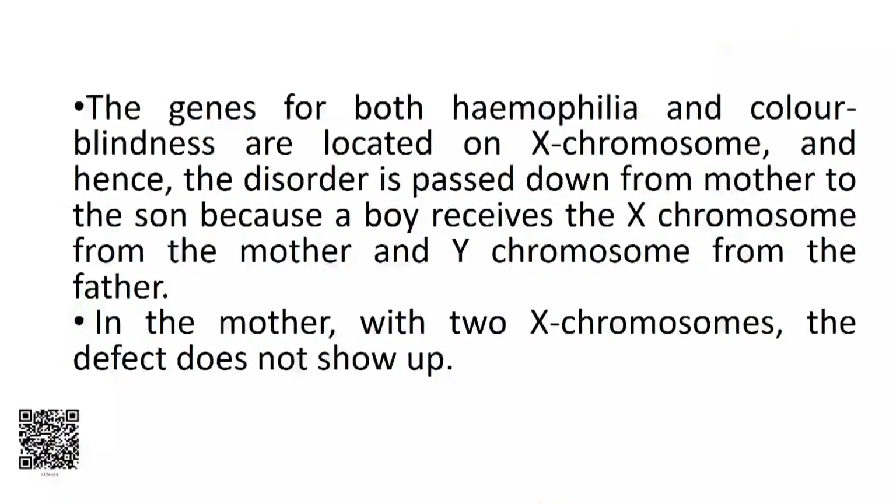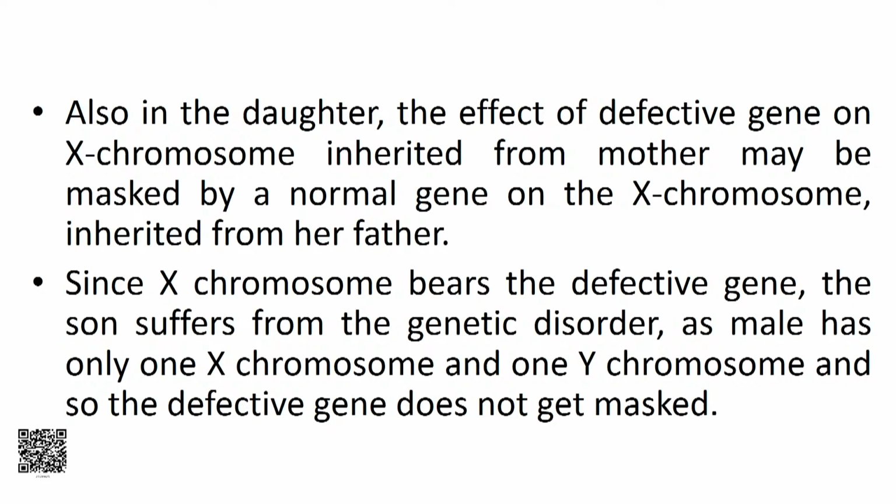The genes for both hemophilia and color blindness are located on the X chromosome, and hence the disorder is passed down from mother to son, because a boy receives the X chromosome from the mother and the Y chromosome from the father. In the mother with two X chromosomes, the defect does not show up. Also in the daughter, the effect of the defective gene on the X chromosome inherited from the mother may be masked by the normal gene on the X chromosome inherited from the father.